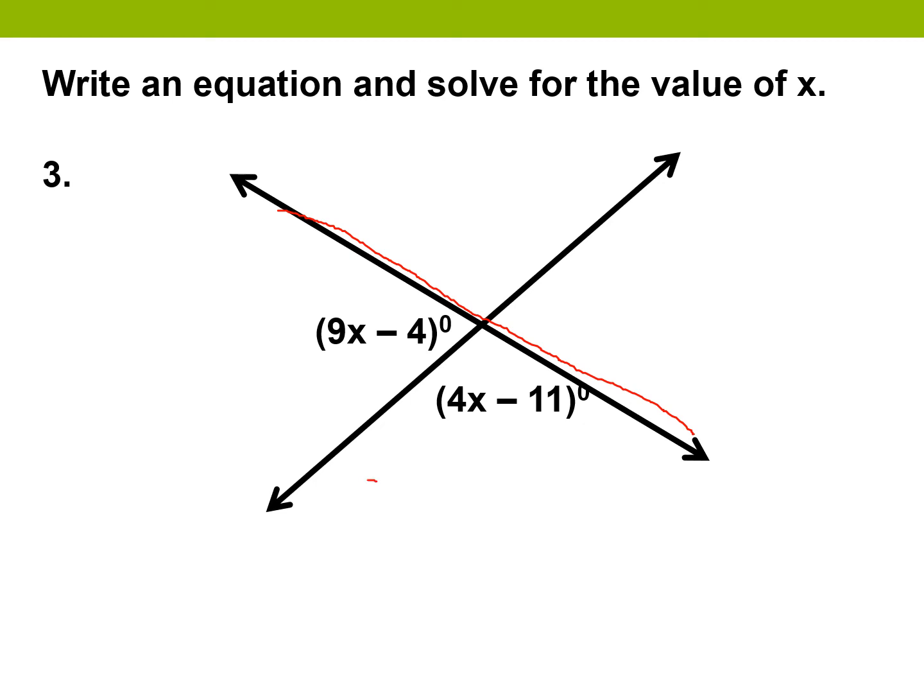So we have 9x minus 4 plus 4x minus 11 is equal to 180 degrees.